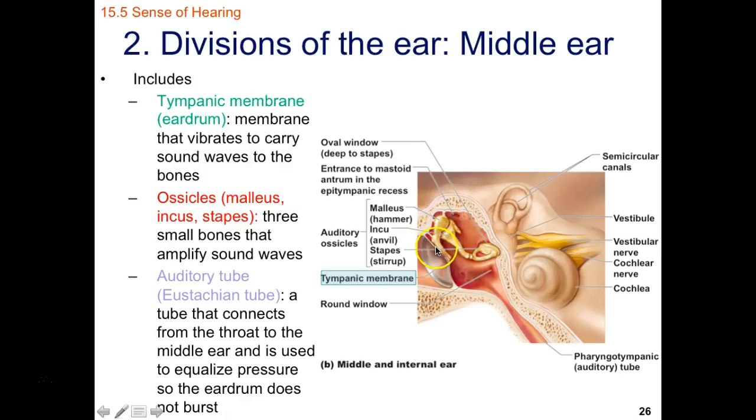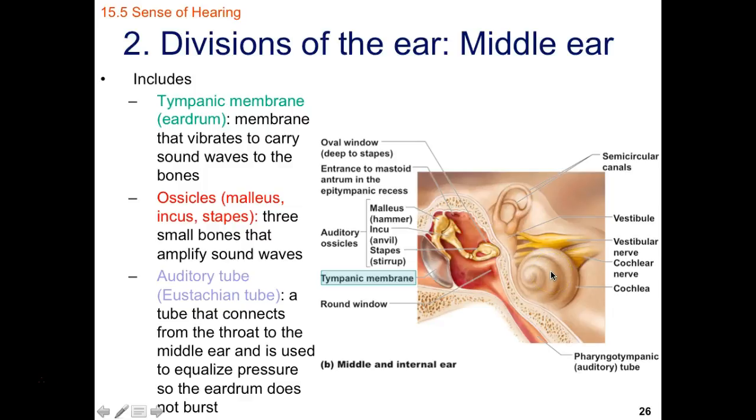So we have the malleus, which is also known as the hammer, the incus, which is also known as the anvil, and lastly, the stirrup, which is also known as the stapes. Okay, and these will help to amplify the sound. These will all catch the vibration of the tympanic membrane, which will hit against our vestibule and carry that information to our inner ear here.